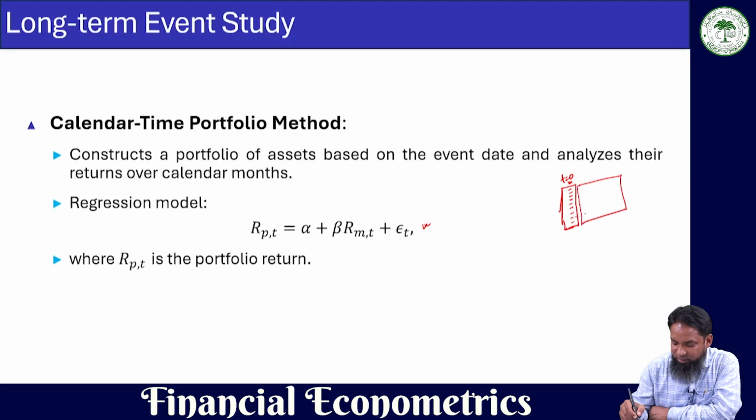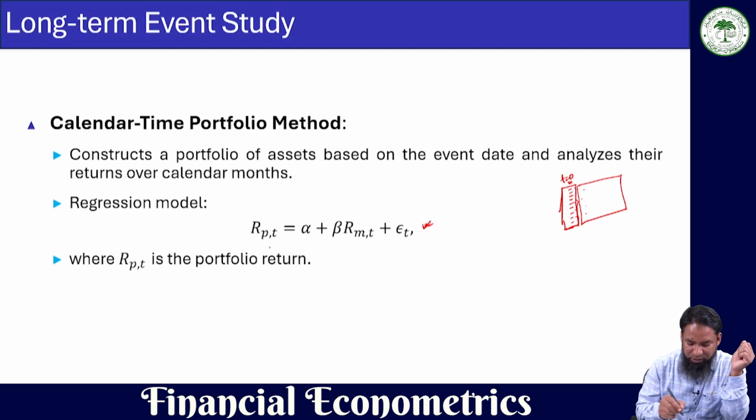So, over this calendar month we analyze the return of this portfolio, and then we use this particular formula: portfolio return equals alpha plus beta RMT plus epsilon T.